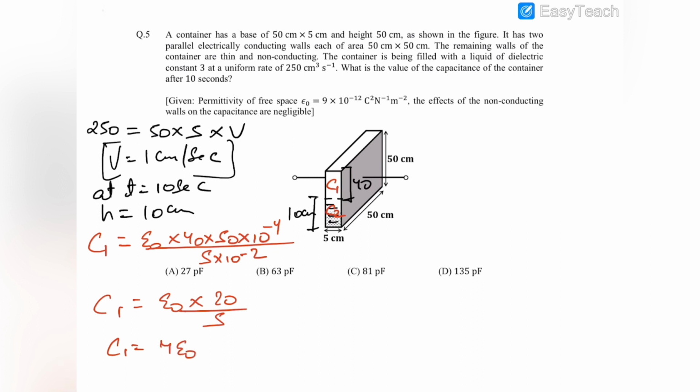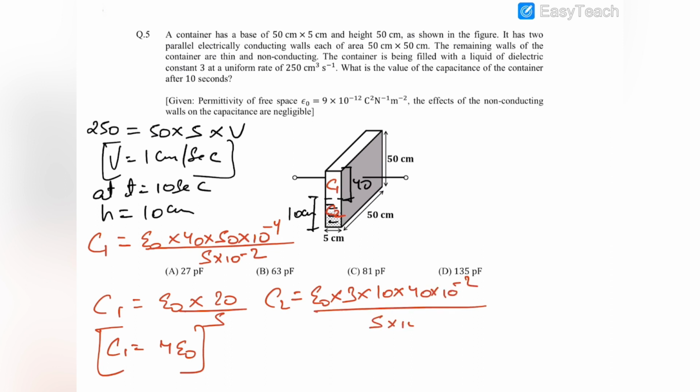Okay, now the second capacitance, this C2, would be epsilon naught into epsilon r, which is 3. The area of each plate would be 10 into 40 into 10 raised to power minus 2 divided by 5 into 10 raised to power minus 2.